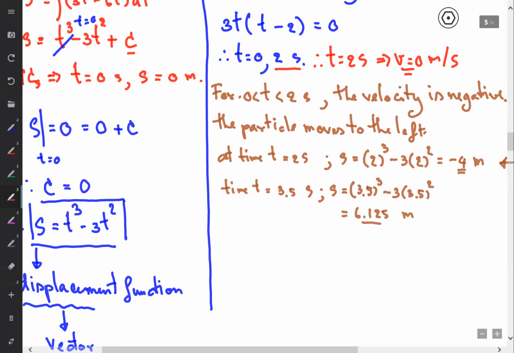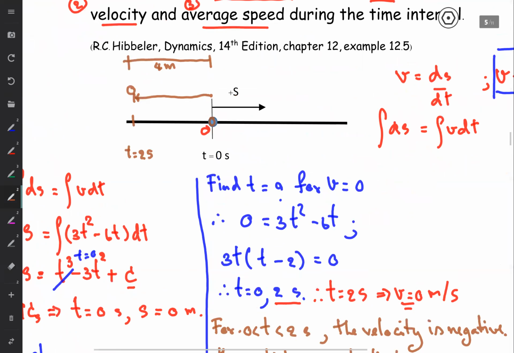So it means that it's moving to the right. The position is to the right.